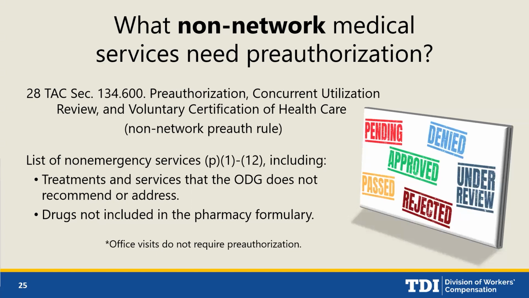So you've got a list of 1 through 10 services, and then 11 is treatments and services that are outside of what ODG recommends. I showed you how to find that on the ODG dashboard under treatment. So if it's not in 1 through 10, you look at ODG. If it's not recommended, then you're going to need pre-authorization. And then the last one in 12, it says that drugs not included in the pharmacy formulary. That's for both network and not network.